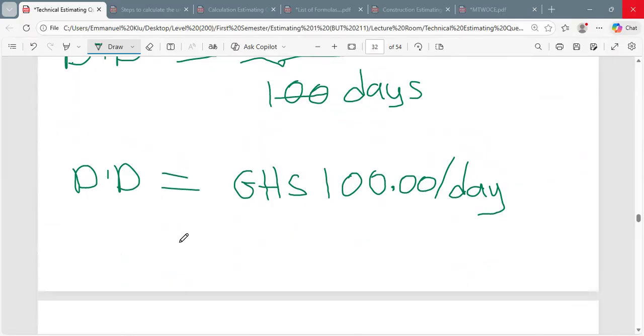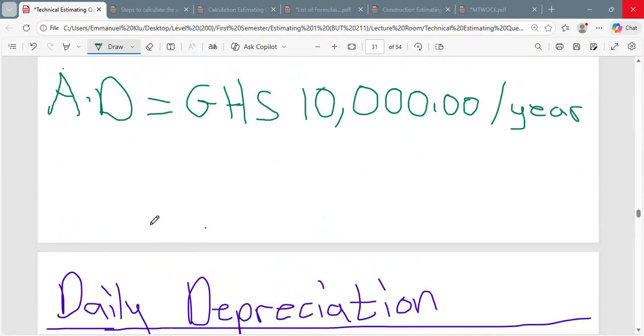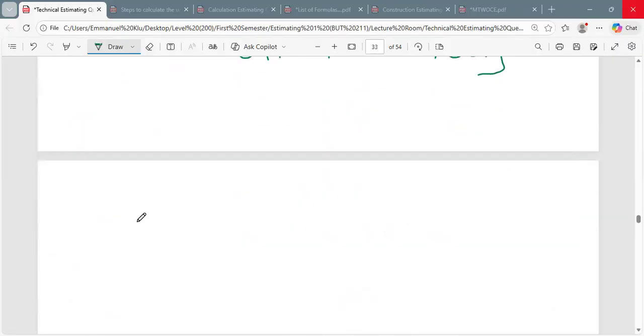Now let's calculate our hourly depreciation too. We are almost done, we are going to soon be done.